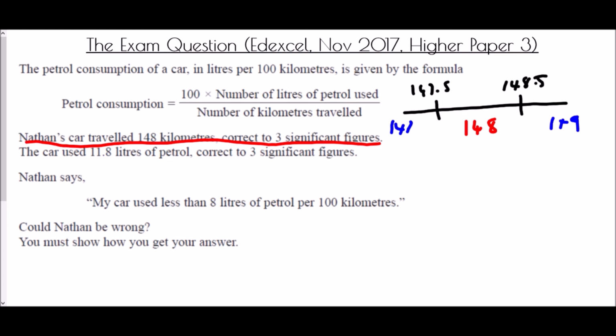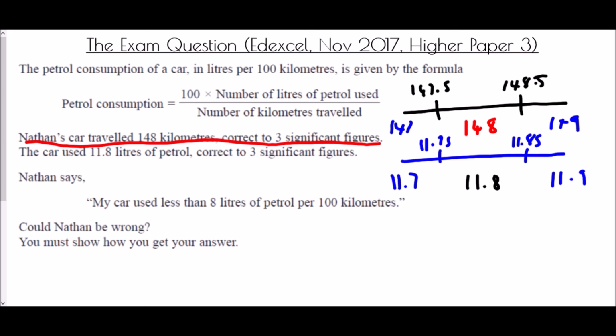Those would be the upper and lower bound for the distance travelled. In terms of the petrol, that was also three significant figures. That began as 11.8, and so three significant figures, that would be 11.7 and 11.9 as the absolute extremes. But again, our upper and lower bounds would be in between at 11.75 and 11.85.